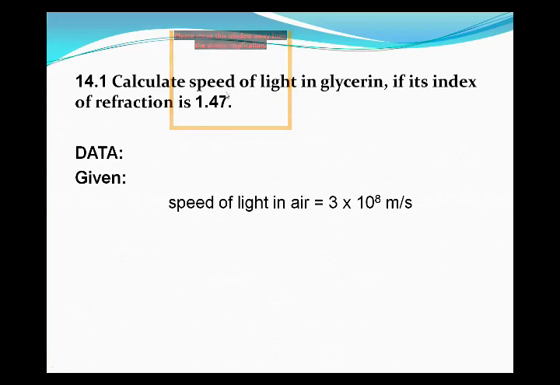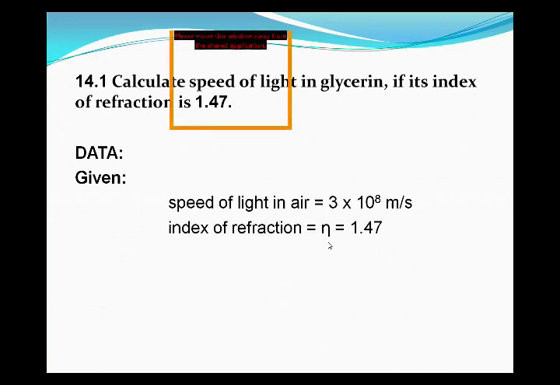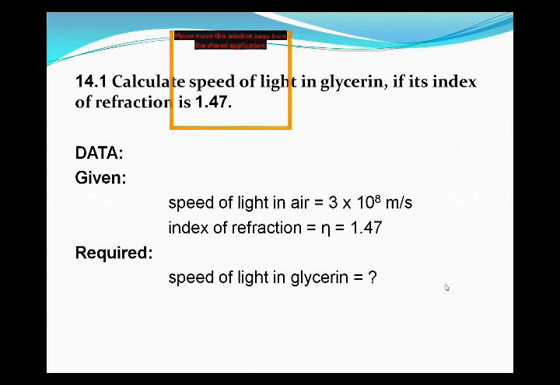In given, we know the speed of light in air is 3 multiplied by 10 raised to the power 8 meter per second, while the refractive index n is equal to 1.47. In required, we are going to find the speed of light in glycerine.